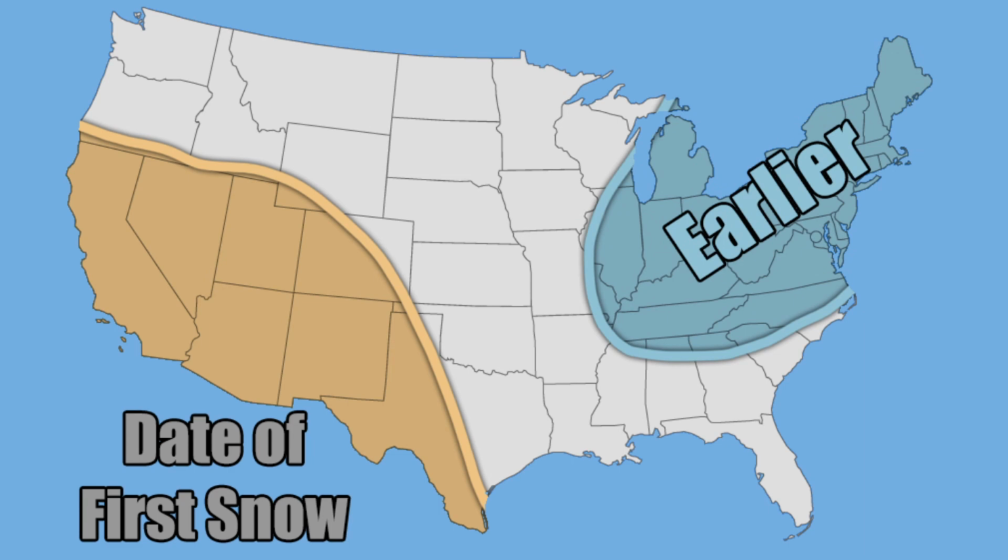Now, here's where I'm expecting it to be earlier than normal, and that's actually for parts of the northeastern United States, as well as the Great Lakes and the Ohio Valley and the Mid-Atlantic. As you start to get into December and November, I really think it's going to start to get cooler for this region, and that's really when you expect to see your first snowfall for these regions, and that will most likely mean that you could see a snowfall earlier than what is typical.